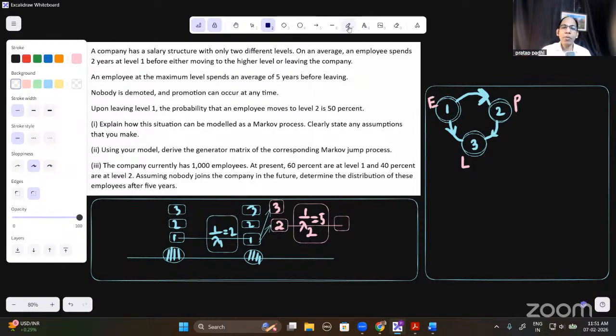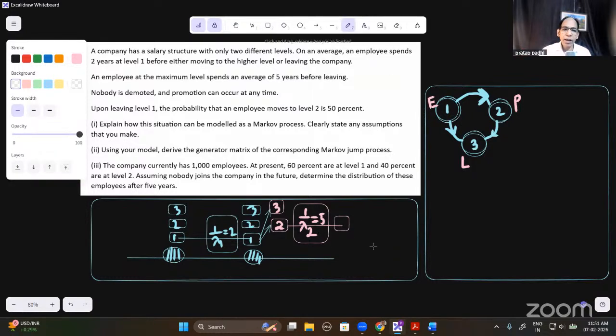That's a random variable, as I discussed today. That random variable is named W2, and it follows an exponential distribution with parameter lambda 2, with expected waiting time, and W1 was the expected waiting time in state 1.